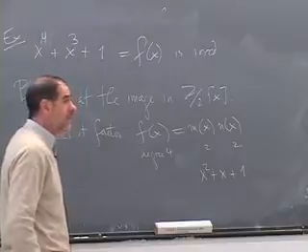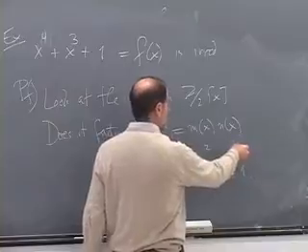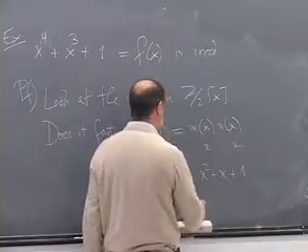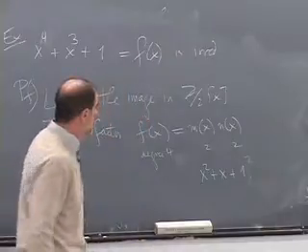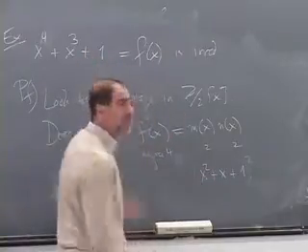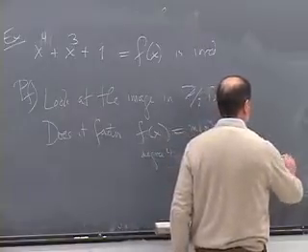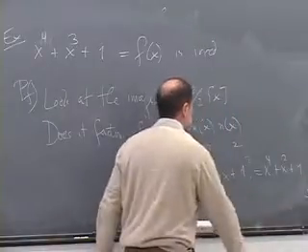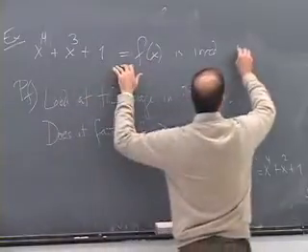The answer is no, because if it divided it, you'd be left with something else of degree 2. So the only possibility is you'd have to square this polynomial, right? But the square of this polynomial is not equal to that polynomial. The square of this polynomial is, in fact, x to the 4th plus x squared plus 1. So it's not equal to this. So this is irreducible in Z[x].